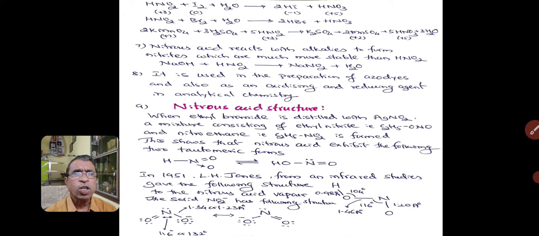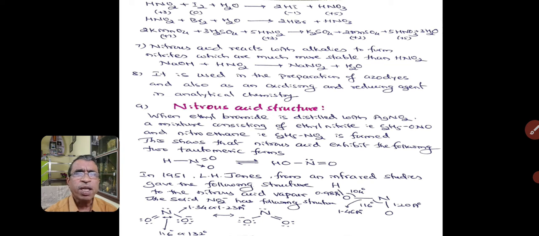In one structure, the nitrogen atom is linked to oxygen and also linked to another oxygen through a coordinate bond, where the hydrogen atom is linked to the nitrogen. In another structure, the OH group is linked to the nitrogen, which is further linked to the oxygen through a double bond.